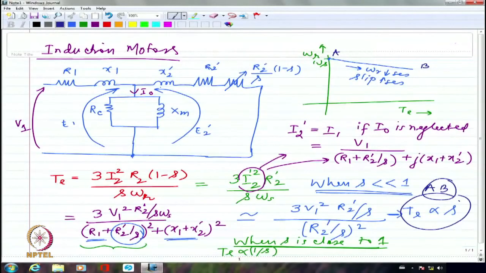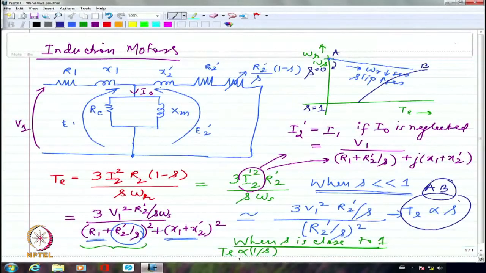Whereas the other region, where TE is proportional to 1 by S, corresponds to this region where this is S equal to 1 and this point is S equal to 0. That is where the slip is 0. So, obviously, I will have some kind of hyperbolic characteristics, maybe somewhat like this.